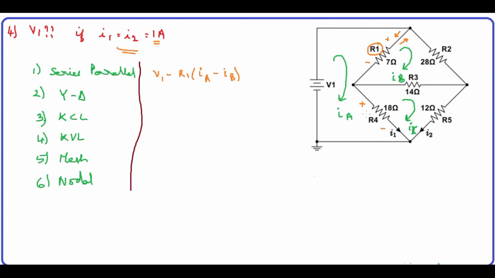Okay, and finally this is the last resistor in this loop, so minus R4 into, this is the current IA, obviously minus IC, equal to 0. That's all.